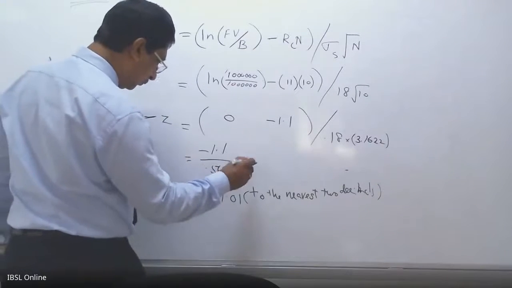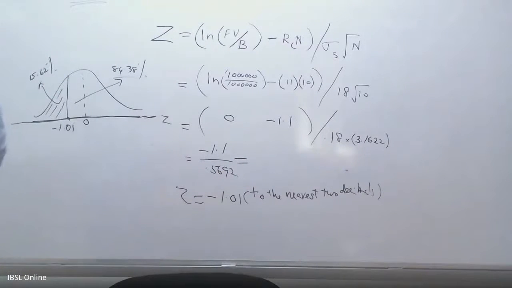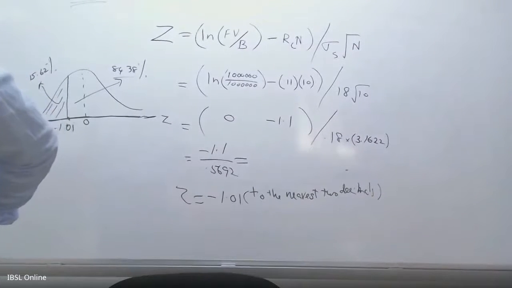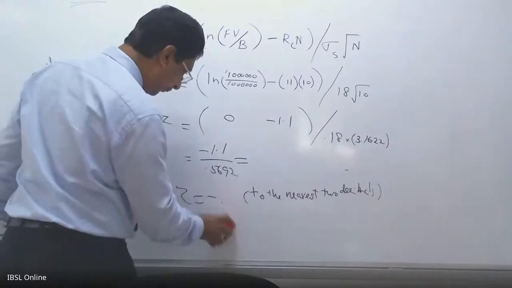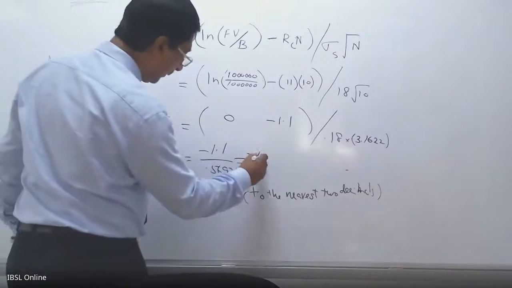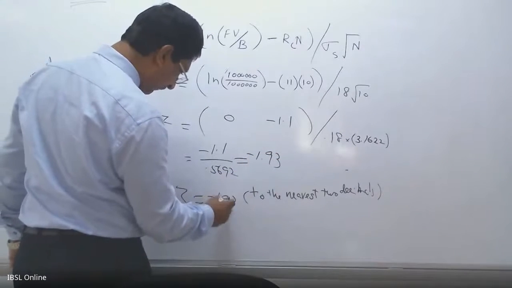So when you work it out, you get 1.1 divided by 0.5692, which is minus 1.93 to the nearest 2 decimals.